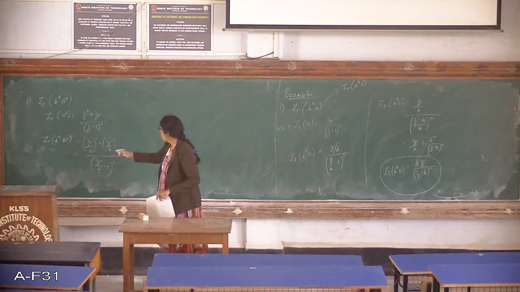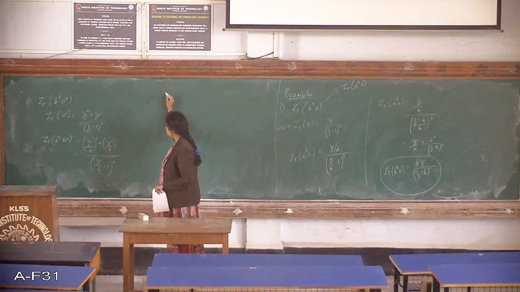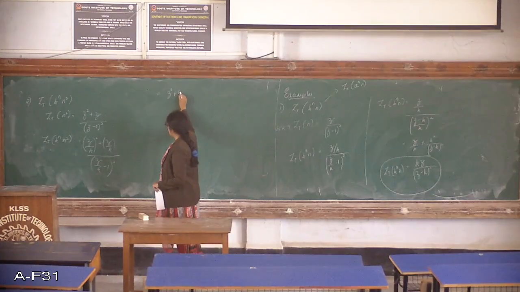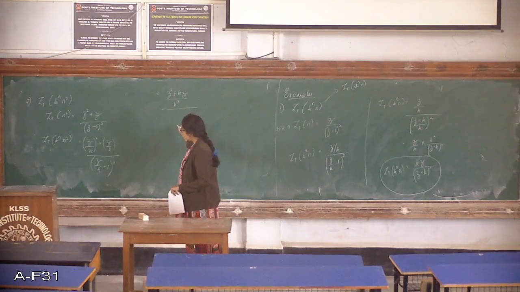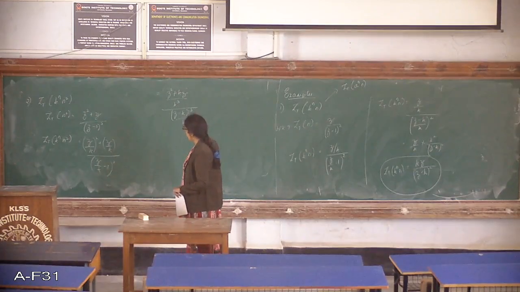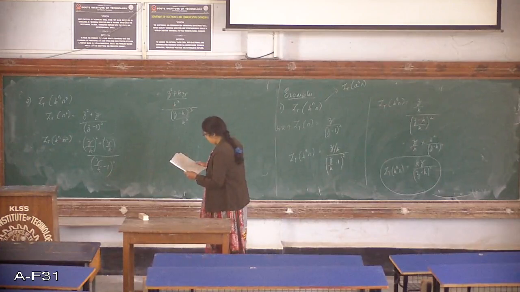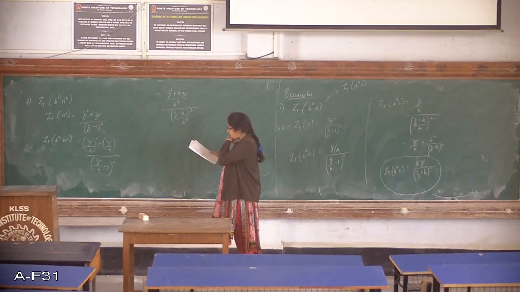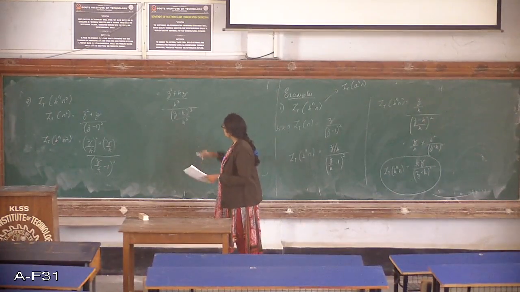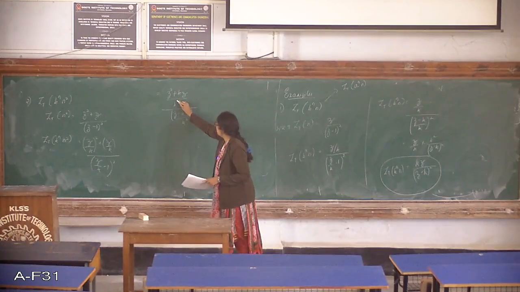So if you can simplify this further, you can see that here I shall have this as z square plus kz divided by k cube, divided by z minus k the whole cube divided by k cube. Yeah, this will be k square, right?